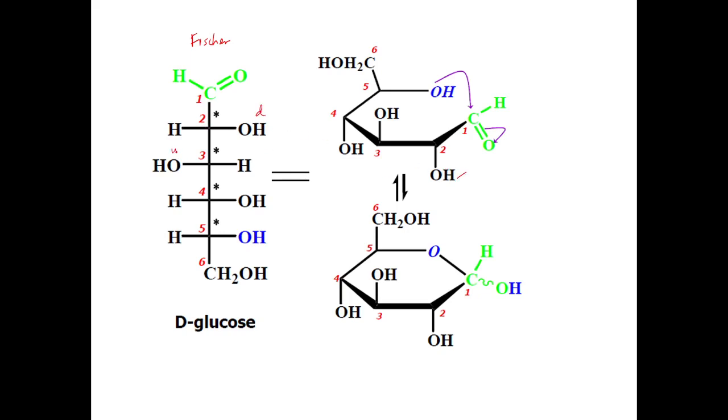Down, up, down, and ito, OH, ay may mahalagang role sa cyclization. When we say cyclization, magko-close ring siya. Okay? So, kaya ito ay down, up, down. So, for carbon number 2, 3, 4, it should be down, up, down. Okay? So, ganyan yung mangyayari.